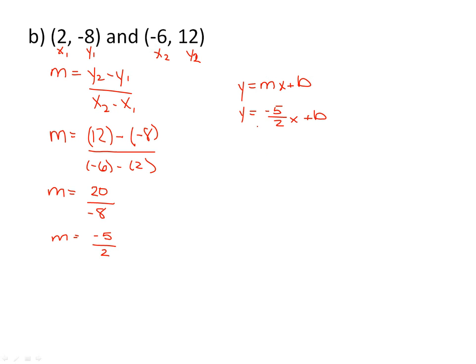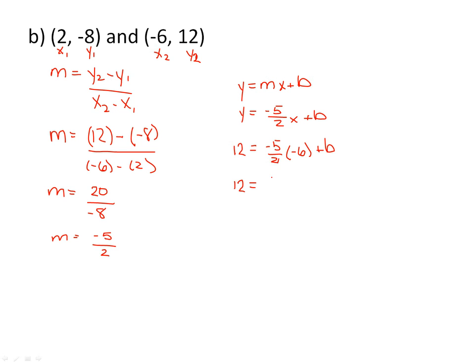And now I need to figure out what b is. Well, I need to know what my value of x is and what value of y is. I'm given that in either of these points, and you can choose either point. I will choose the point (negative 6, 12). So I put in 12 for y, and that's equal to negative 5 over 2 times x, which in this case is negative 6, plus b. Here I'm working with fractions, which of course isn't a problem because we all know how to multiply, divide, add and subtract fractions.